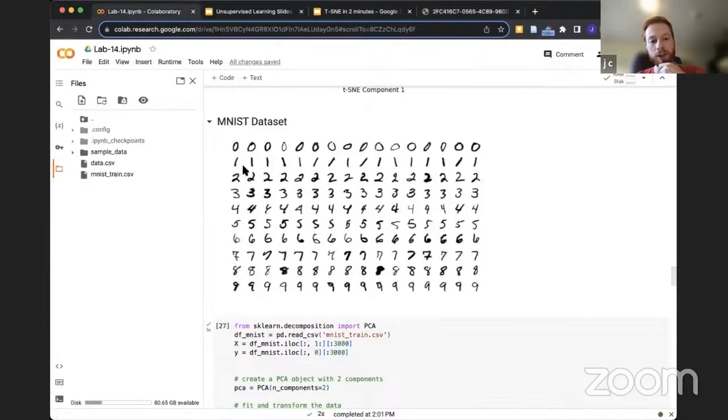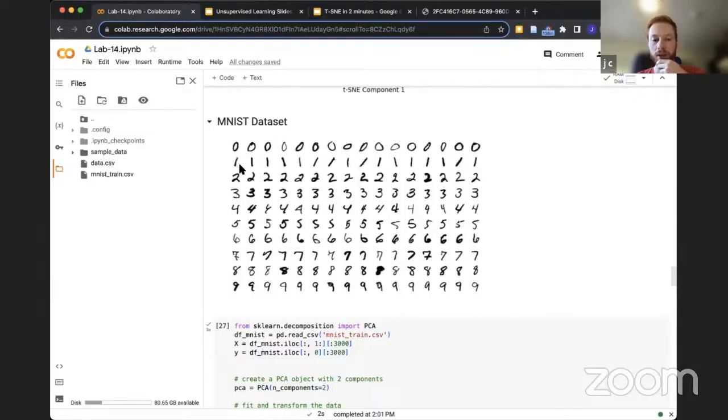How similar is 0 to 1? If you look at the shape of the handwriting, are they very similar?